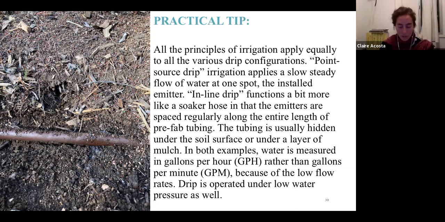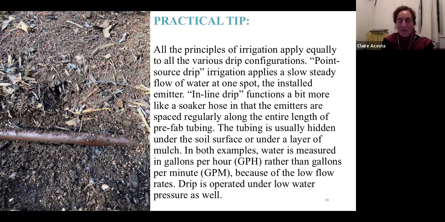Also, with an inline one, a lot of people plant the plant right next to the emitter tape, but as it grows, you're essentially creating a wet spot right at the stem. So again, this can be an issue.